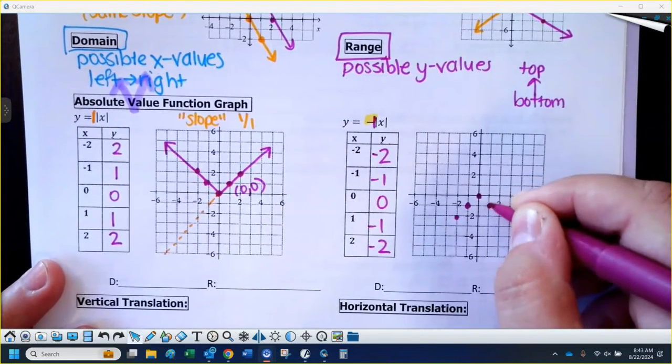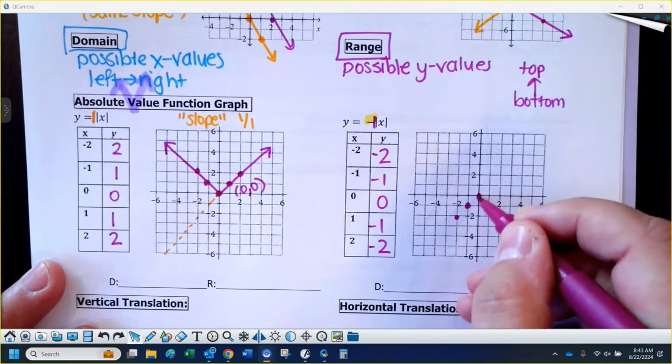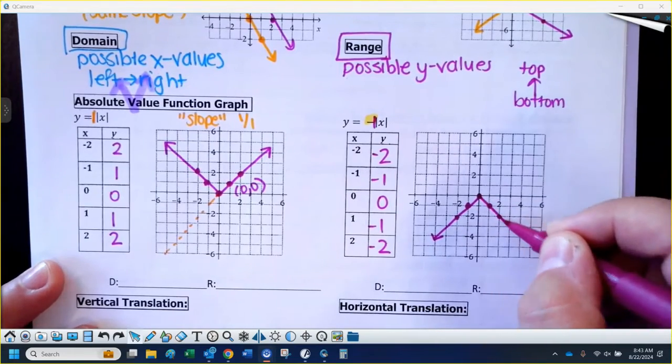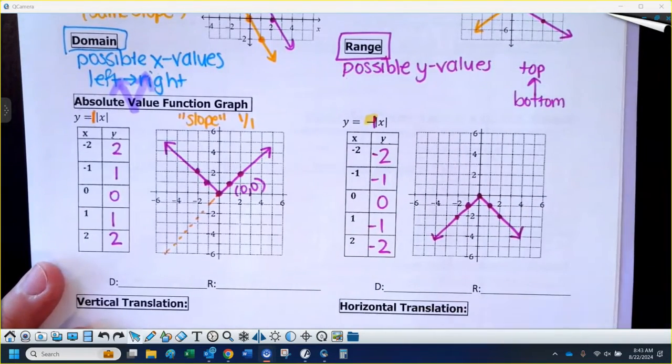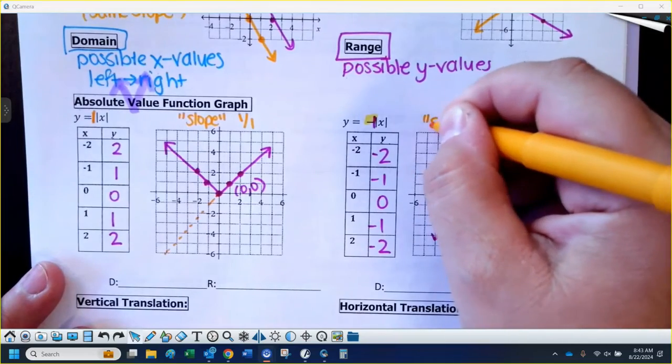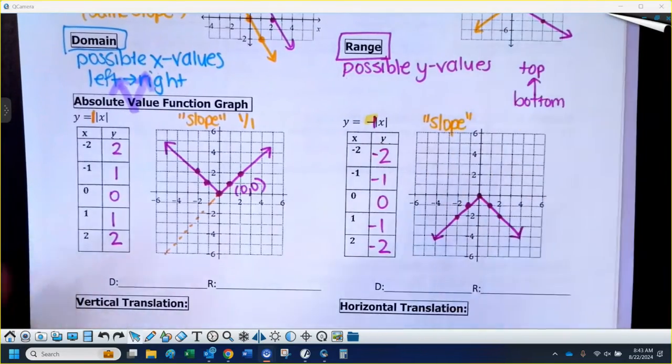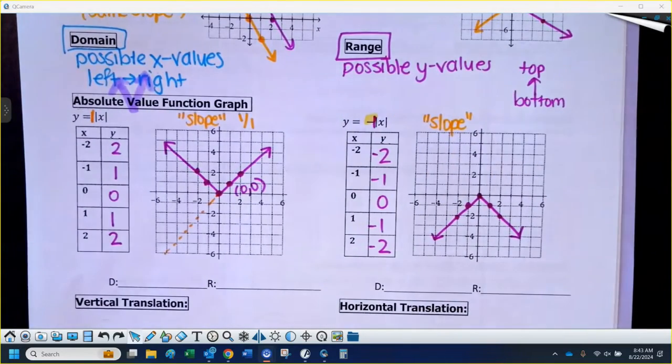Now, 0, 0 is still going to be the vertex of this guy. We're just going to point down, and what I would tell you here for your slope is what I'm doing there, I'm going down 1 over 1 on either side of that vertex. Just down 1 over 1, down 1 over 1 to create that V shape.